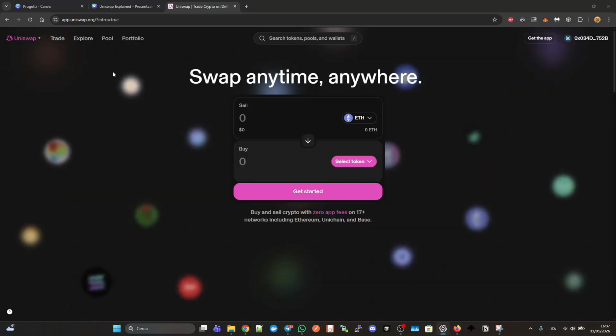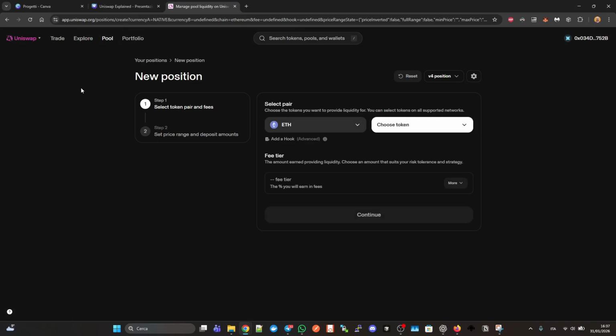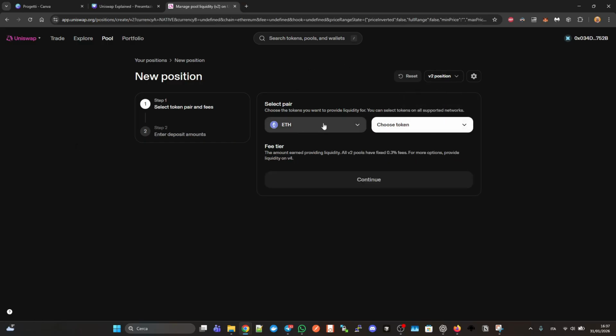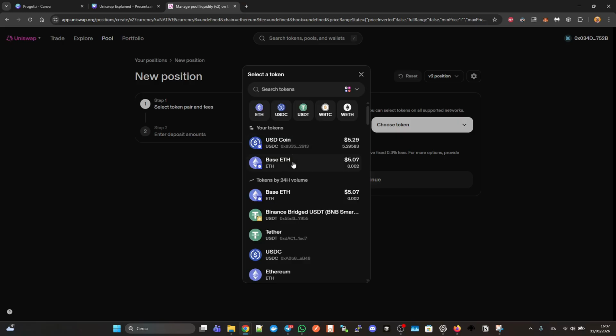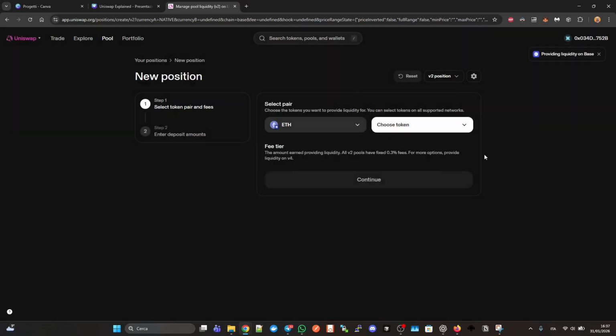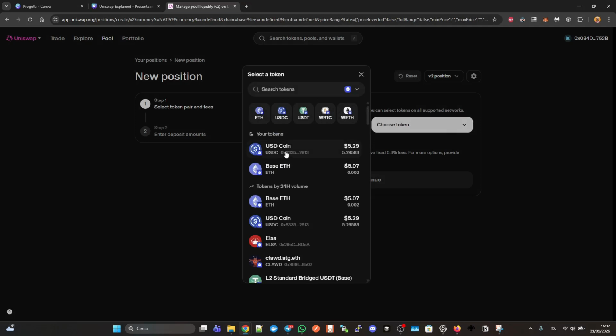So let's try to act as a liquidity provider. We need to create a new position. In this case, we will always use ETH USDC. So let's try, for example, a V2 position. We want to use Base Ethereum. So we are on Base. And here we want to use USDC.